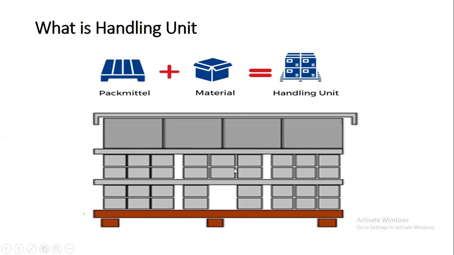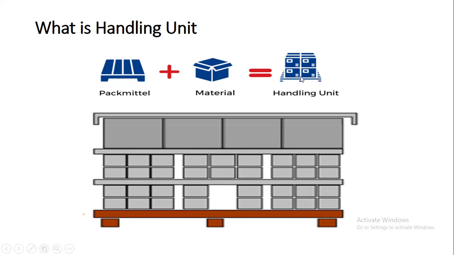So you can track and trace the complete information with the help of your handling unit. These packaging materials can be a pallet, wire baskets, a box, or a container. So pallet plus materials is called a handling unit.